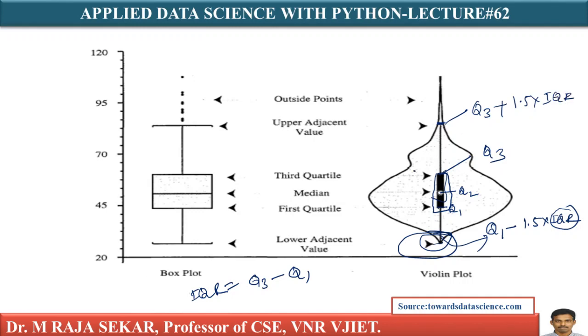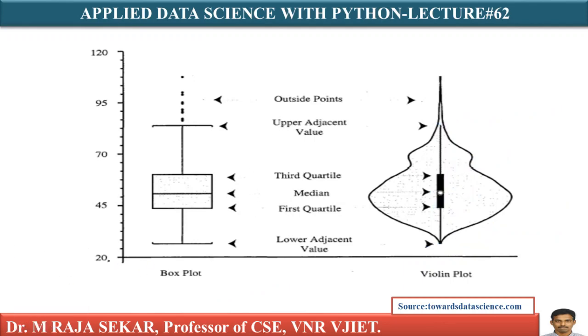These values, upper adjacent value and lower adjacent value, can be used in outlier detection techniques. There is another name for them. That name is Tukey's fences.